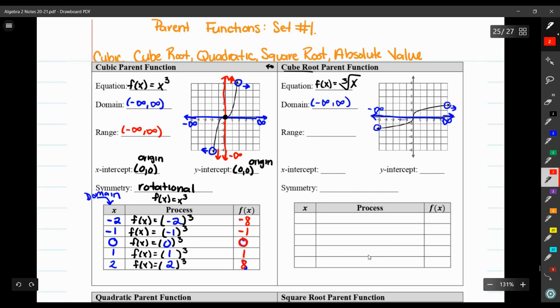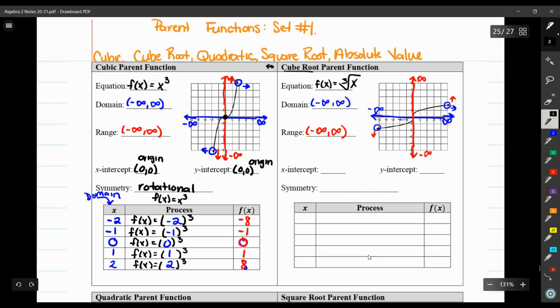And the range, this arrow is slightly pointing down. It's not very quick, but it's slightly pointing down to -infinity. And same over here. This one's slightly pointing up. It's not very quick, but it is pointing up to +infinity. So for our range, we also have all real numbers. All possible inputs, all possible outputs.